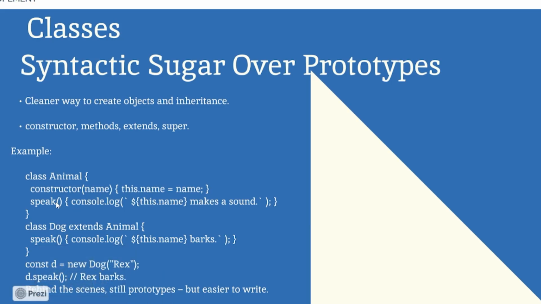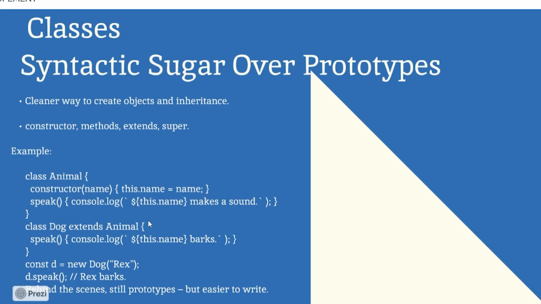Now see this example. We can create a class. The class name is Animal, and then the constructor runs automatically when a new object is created. The value passed during object creation is stored inside this.name.